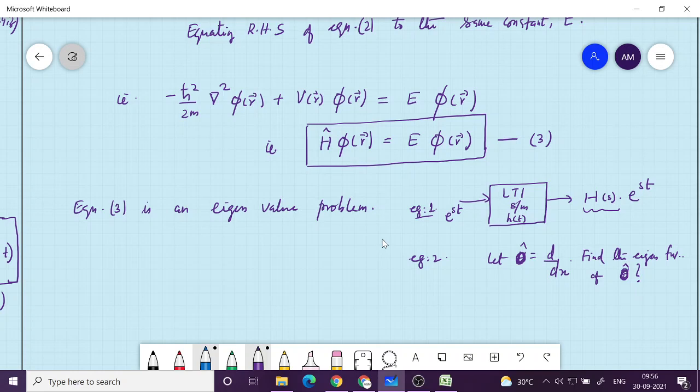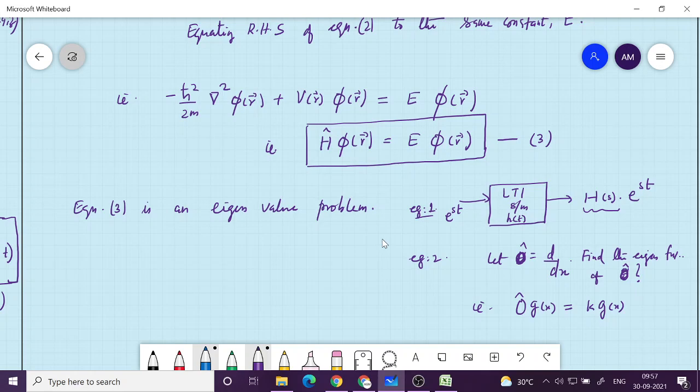In other words, I have some function f of x, or maybe g of x, just to avoid repetition of things. I will get some g of x multiplied with some constant k.